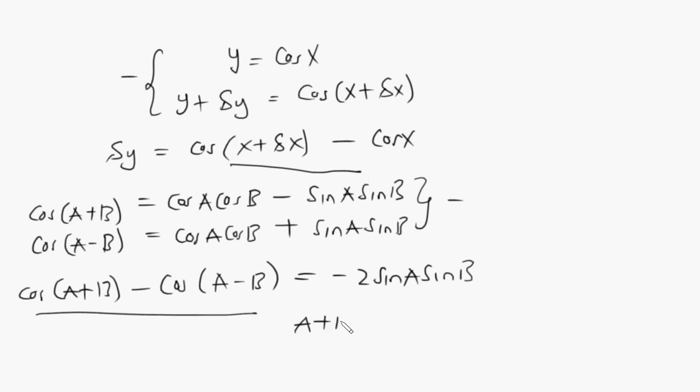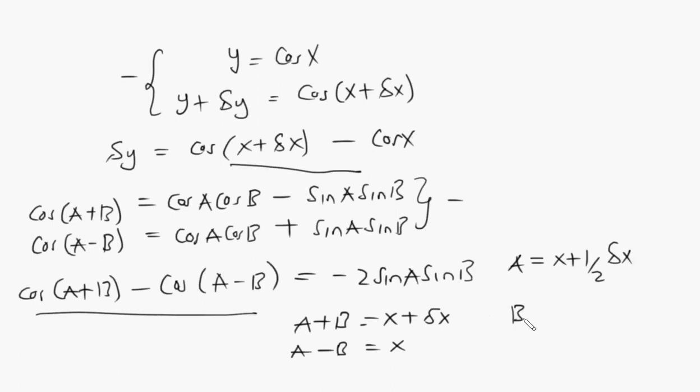Kwa hiyo a plus b ni x plus delta x kama saa zile, na a minus b ni x. Kwa hiyo kama unavyokumbuka, hamna sababu ya kurudia. A nilikuja kupata ni x plus 1/2 delta x.